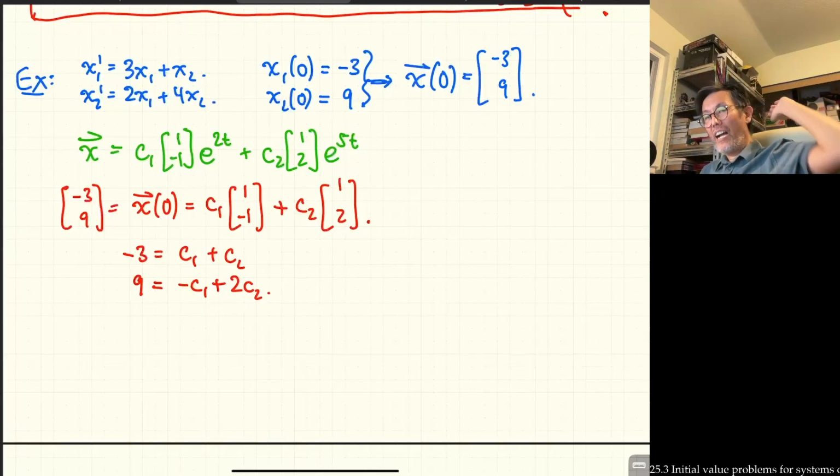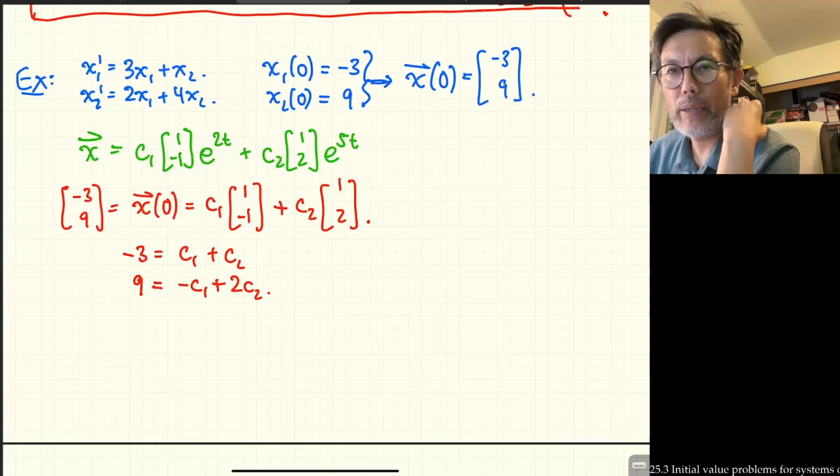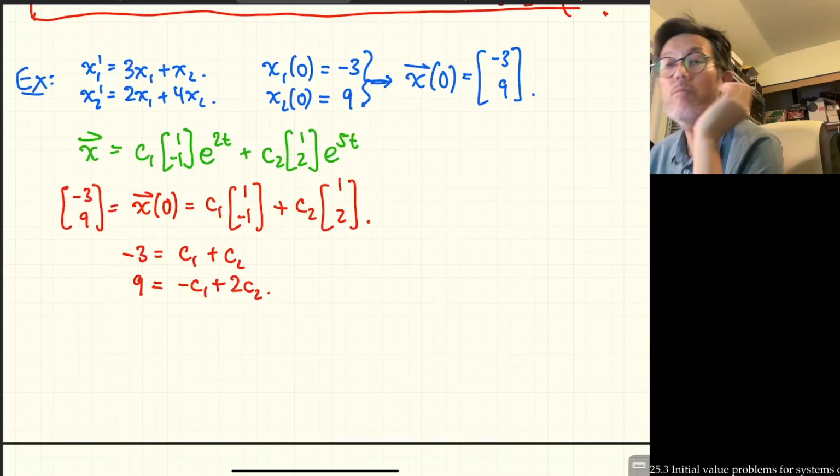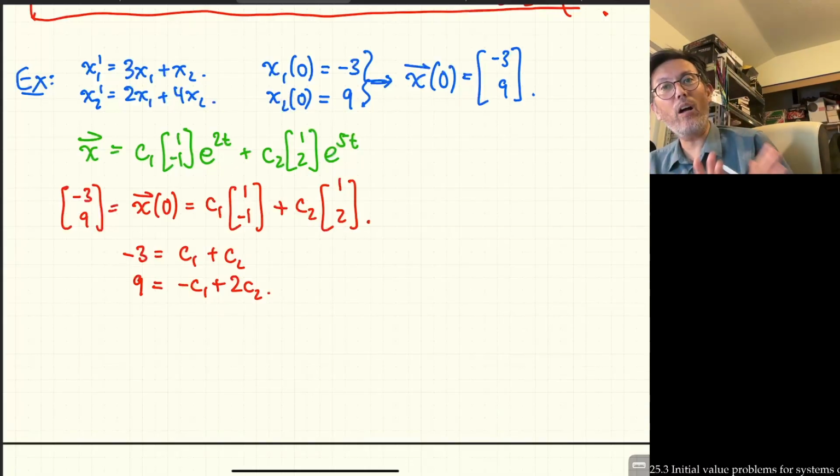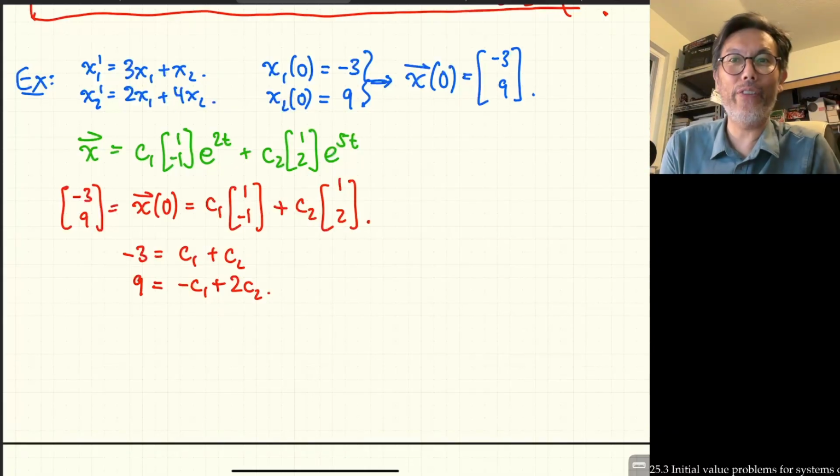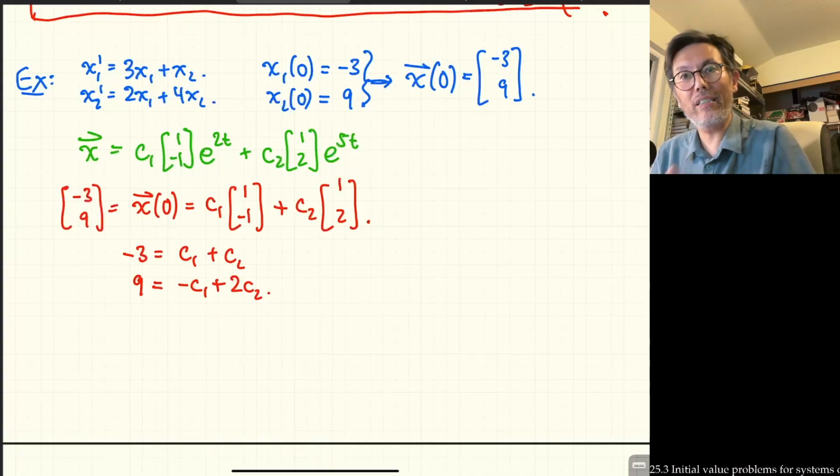Now, I know you know how to solve this. You learned how to do this maybe in 8th grade or 11th grade. But we can use the technology that we've just learned about to solve this, because this is a system of linear equations.